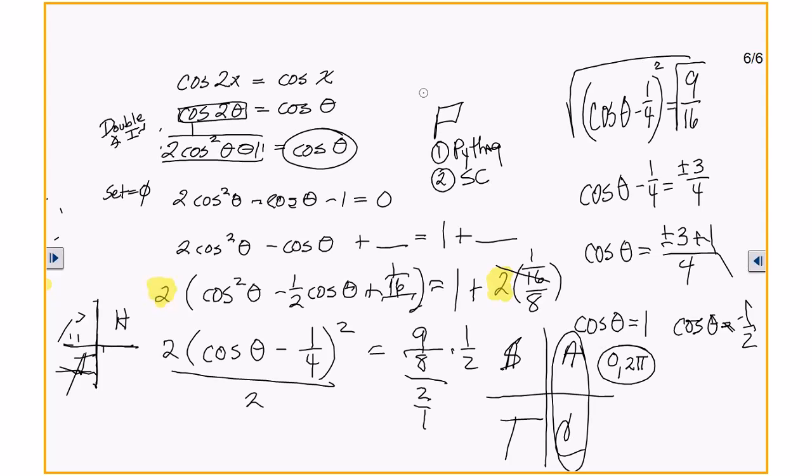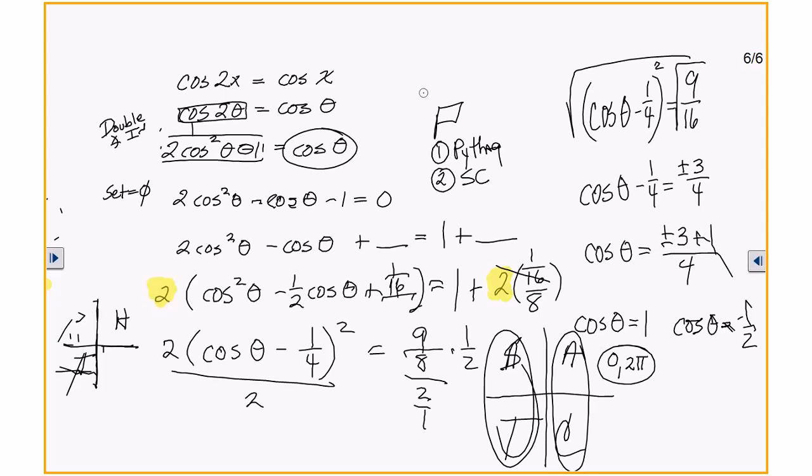Now, cosine is negative. Cosine is negative in these two quadrants. So negative 1/2, that's 30 degrees, isn't it? Somebody check me. Just 1/2, not negative. Is cosine 1/2 at 30? No, it's 60, sorry. Yeah, 60.